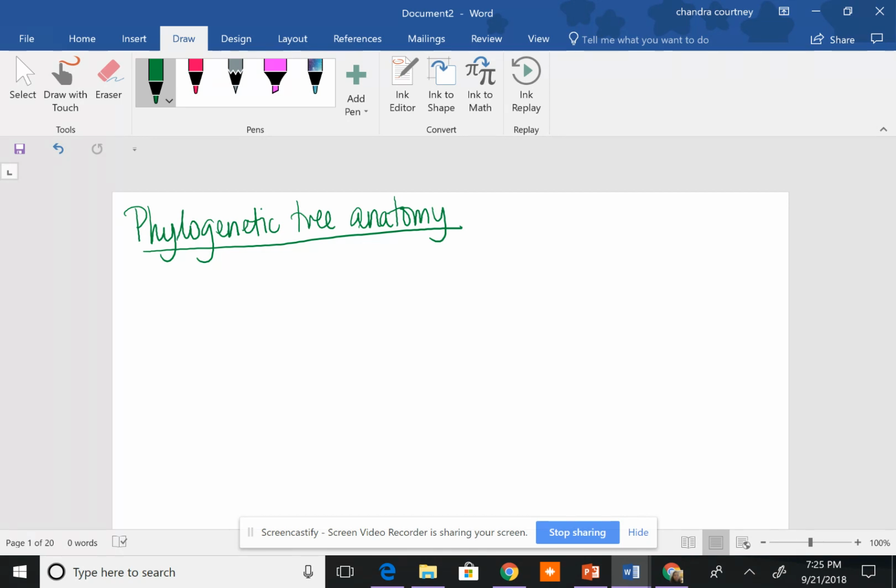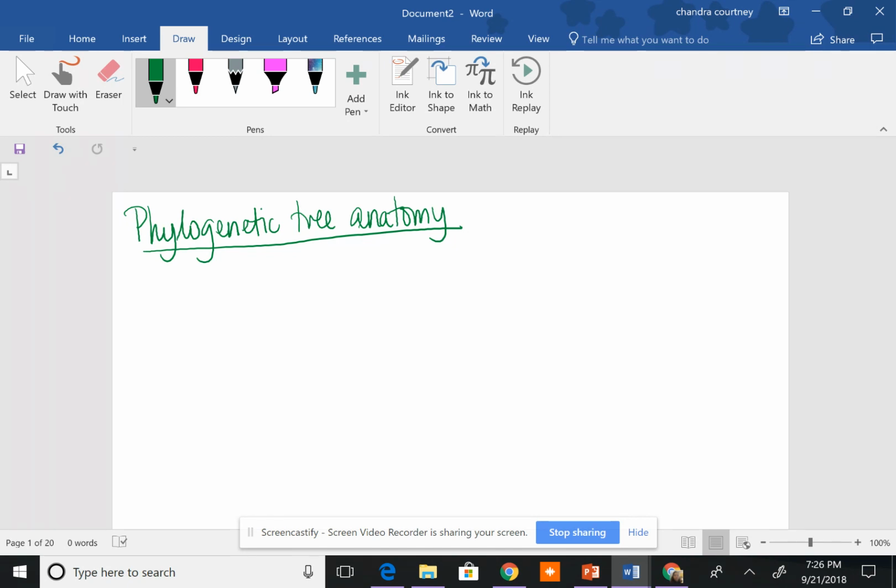Okay, it's your best guess, it's your best estimation at what a series of groups would look like based on common ancestry. It may look different depending on who's drawing it, but because it's a hypothesis, that's okay.